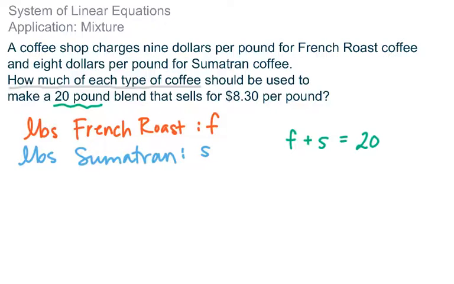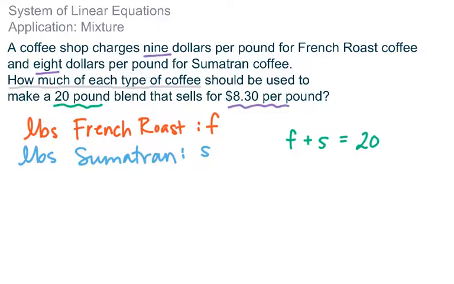We also have information about the cost. Now, we know the cost of the French roast is 9, and we know the cost of the Sumatran is 8. We know we want this total cost to be $8.30 per pound.